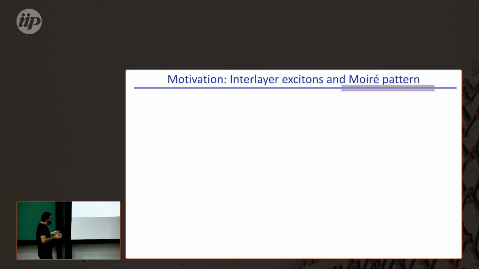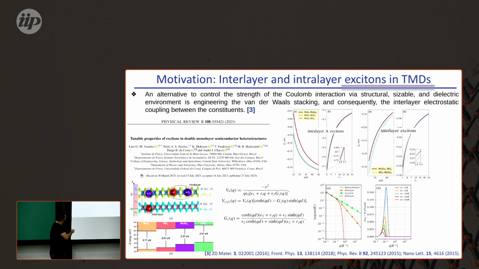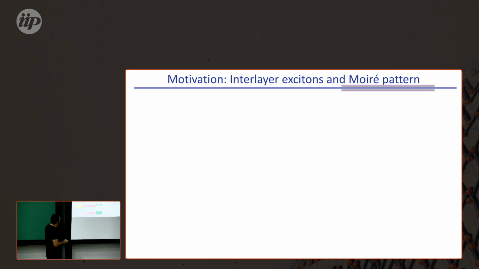Another degree of freedom is twisting, I mean, sliding one layer with respect to the other one. Just to say, one slide back, depending on the band alignment of the two TMD compounds in your double layer system, it can be type 1 or type 2 band alignment.